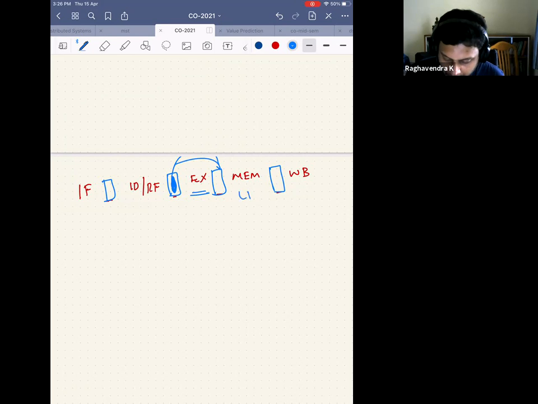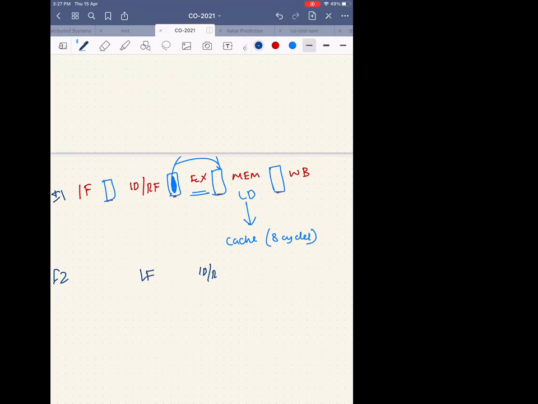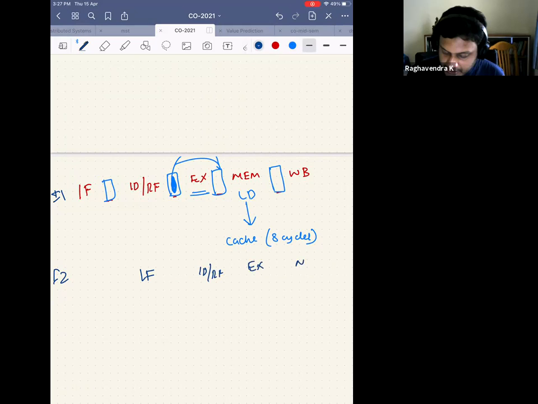If there's a load and this load goes to cache, and the cache takes say 8 cycles, can you allow the second instruction to continue execution and complete? Can it do instruction fetch, instruction decode, register fetch, execute, memory, and then write back?